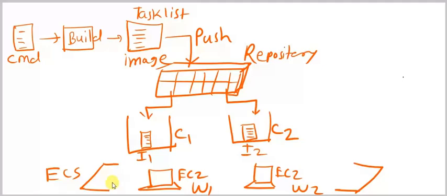If we are using Fargate, that is serverless type, then infrastructure is managed by AWS. So who will manage infrastructure? Based on that, the launch type is chosen.